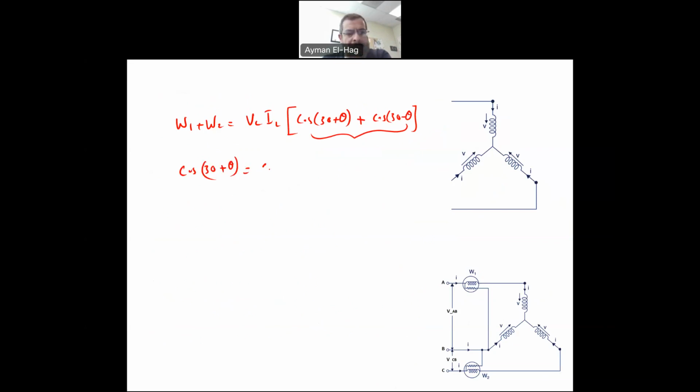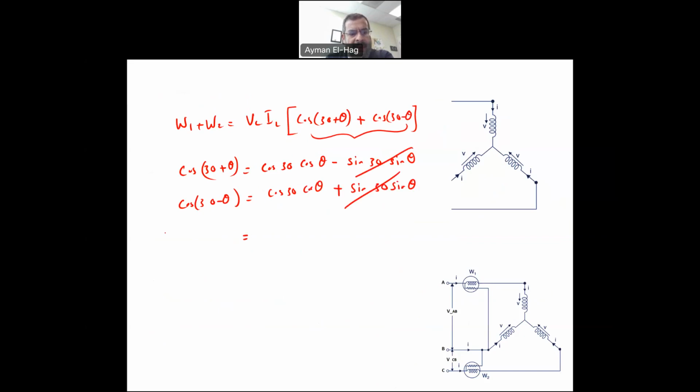So this will equal cosine of 30 cosine of theta minus sine of 30 sine of theta. Cosine of 30 minus theta will equal cosine 30 cosine theta plus sine 30 sine of theta.